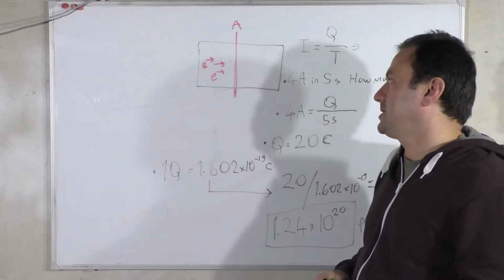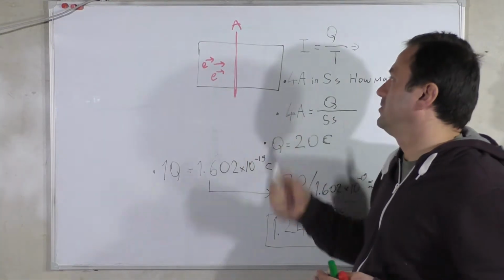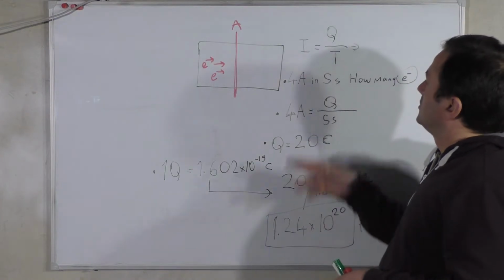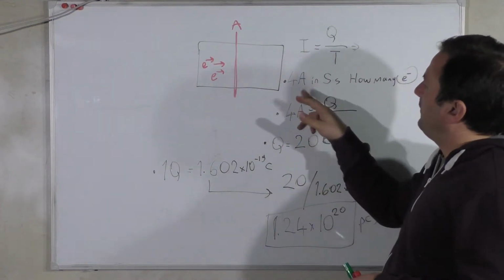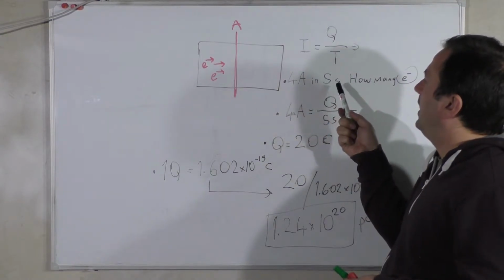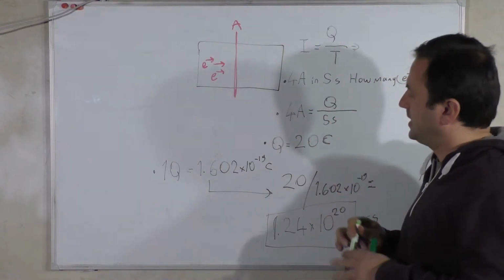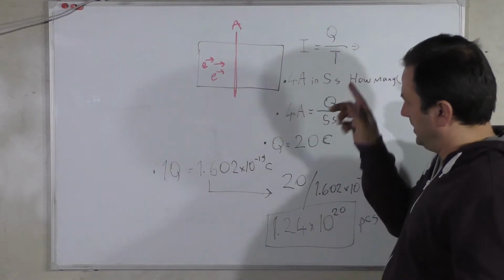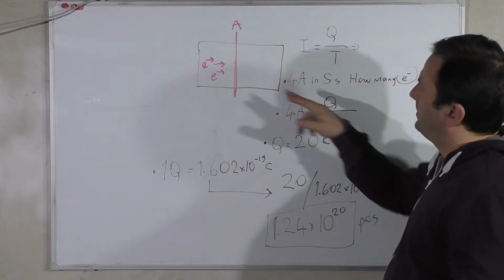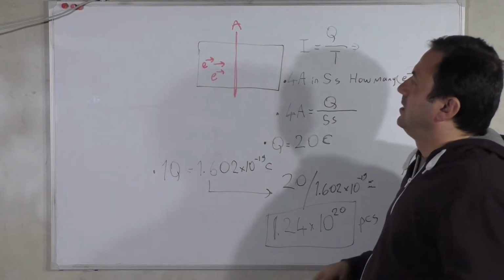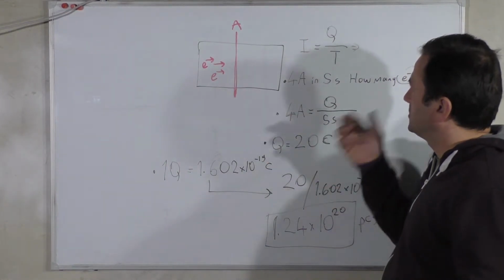In this given example, electrons are passing through that cable, wire, conductor. The question is, if 4 amps pass in 5 seconds, how many electrons passed in total through that cross section of the wire?